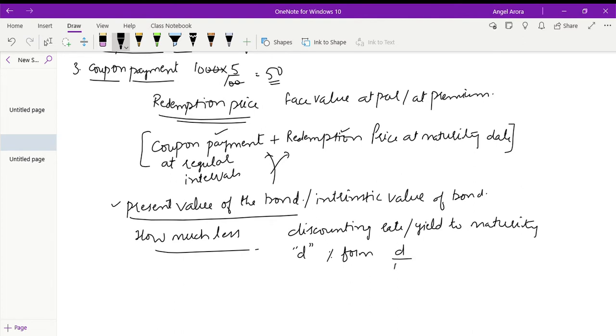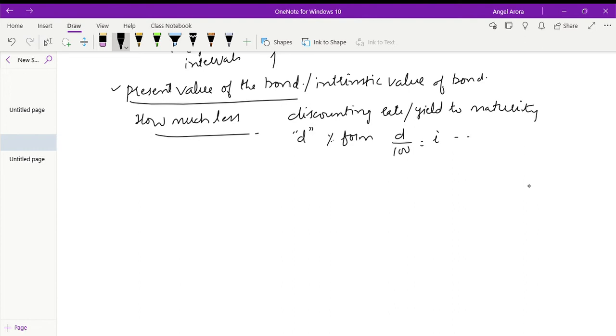So D upon 100 is equal to I, which is in decimal form, and D is in percentage form. So this discounting rate decides what should be the present value of the bond. Now we will learn about the concept of bond valuation according to the present value approach.